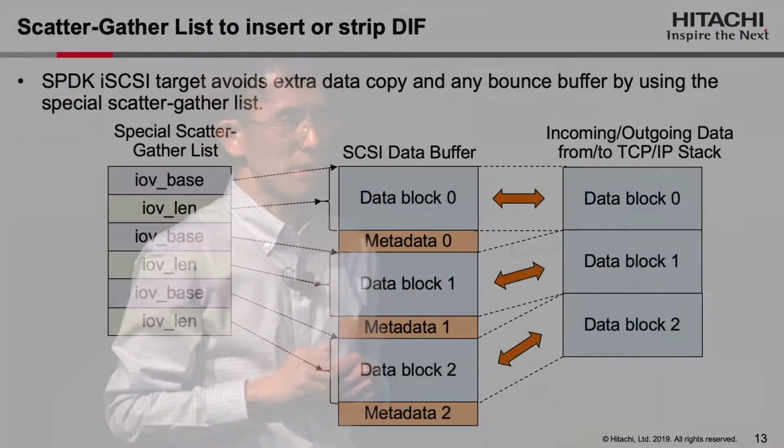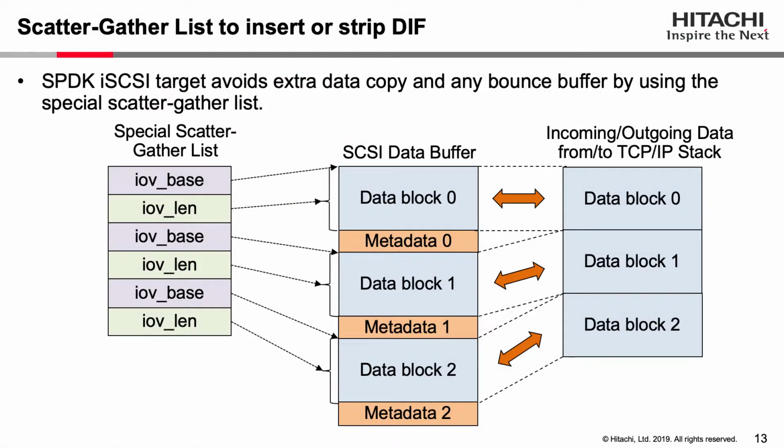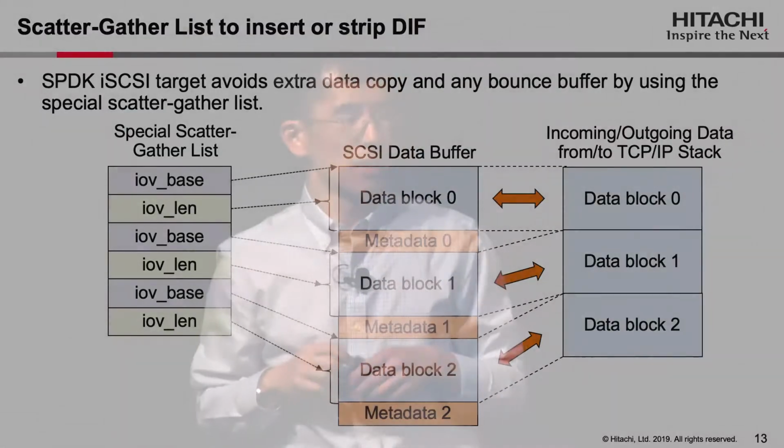And this page shows the operational flow when SPDK uses the SGL. First, as I said before, the PDU header has the data size, so we get the data size first, and then based on the size, we allocate a data buffer.